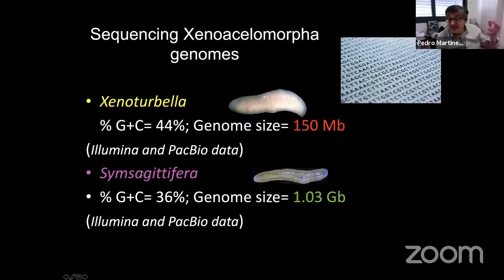But for Symsagittifera, we are about to publish a new genome in which we have an average scaffold N50 above 200 kb. And we're starting to work with Hi-C sequencing, so eventually we'll get chromosomal size.